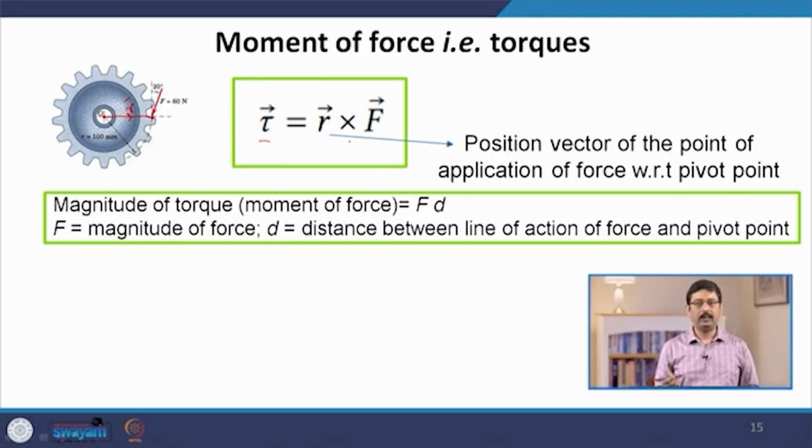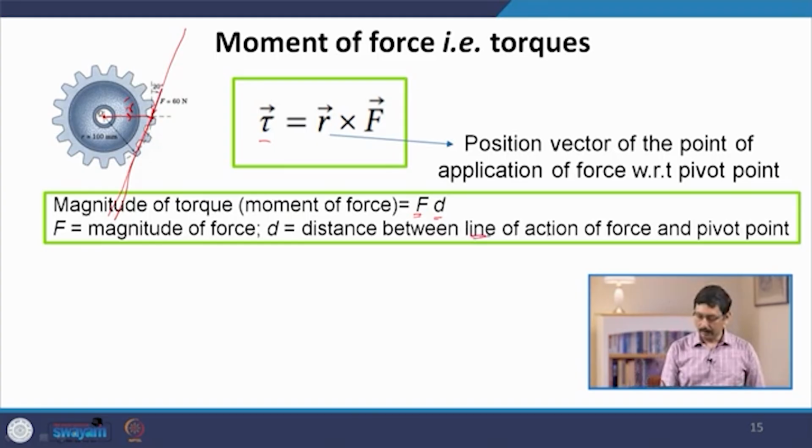If you apply the formula for the cross product, it turns out that the magnitude of the torque is given by the magnitude of the force times the distance from the line of action. This is called the line of action: if you extend the direction of the force on both sides, this gives you the line of action.